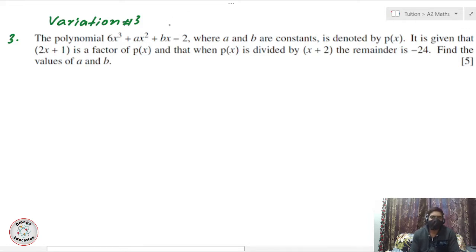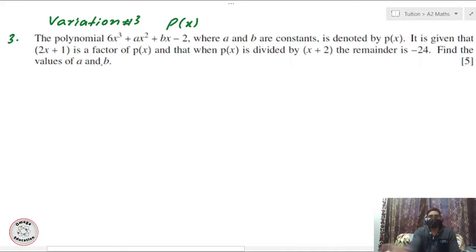Okay, they have given the name of this polynomial as p(x). It is given that 2x plus 1 is a factor of p(x), and that when p(x) is divided by x plus 2, the remainder is minus 24. Find the values of a and b.